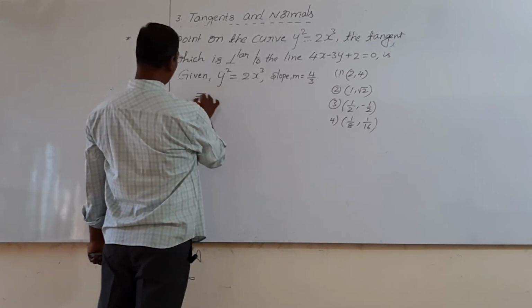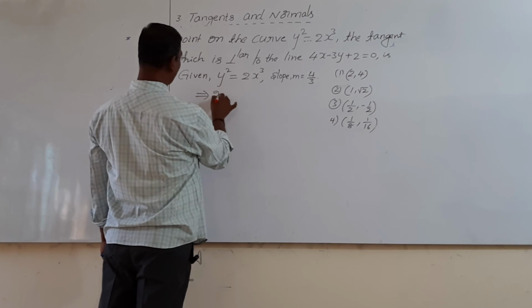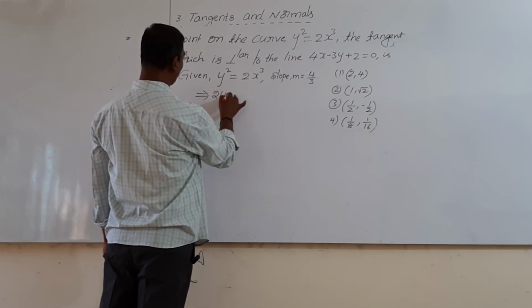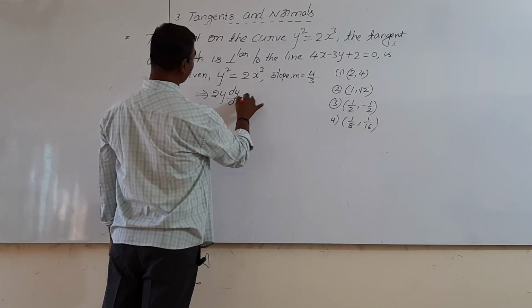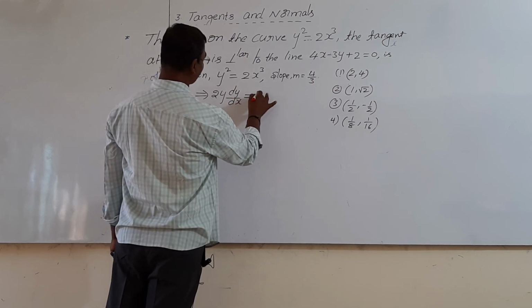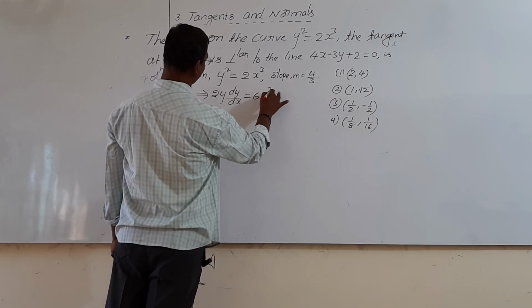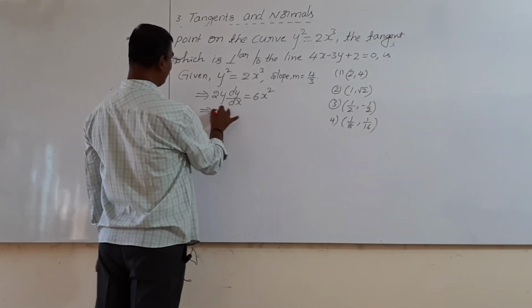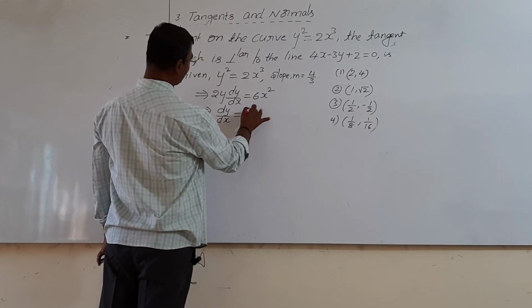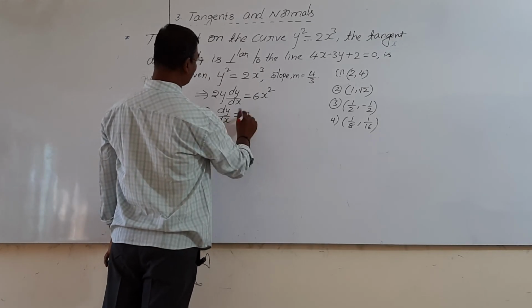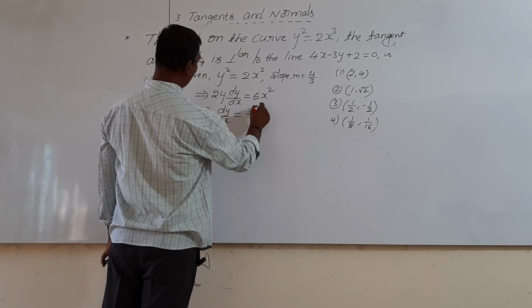Now differentiate to find the slope of the curve. 2y dy by dx is equal to 6x square, or dy by dx is equal to 6x square by 2y, meaning 3x square divided by y.